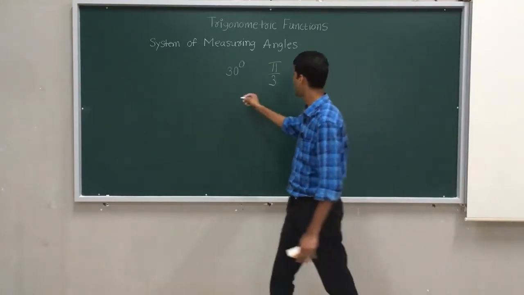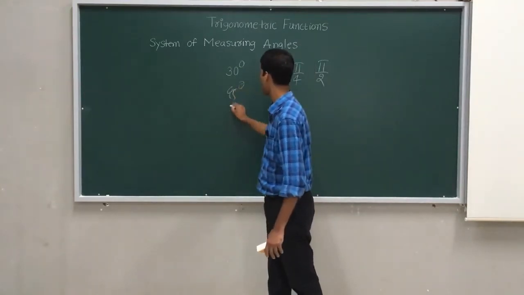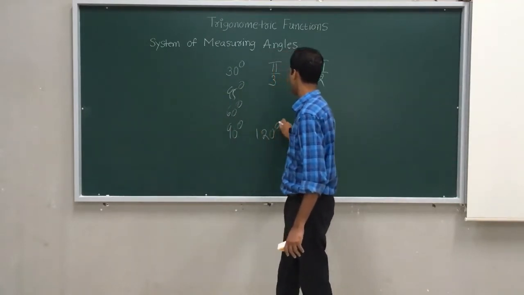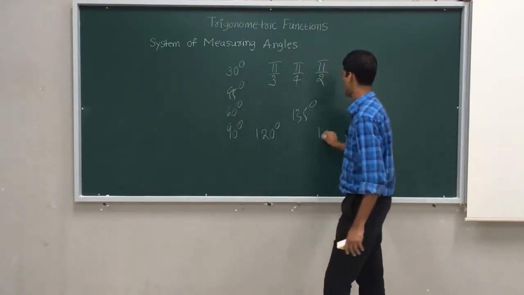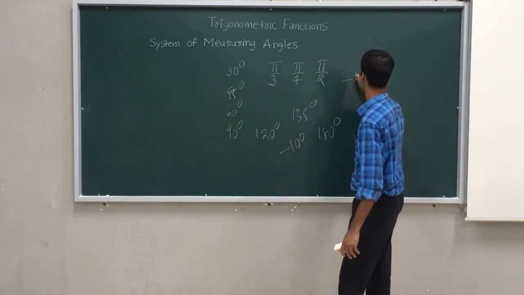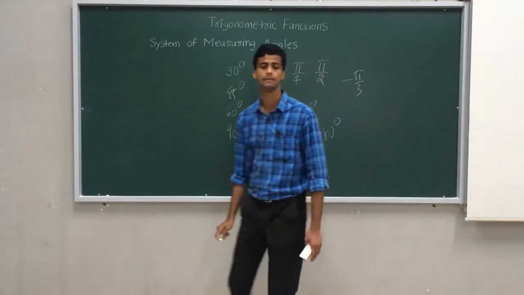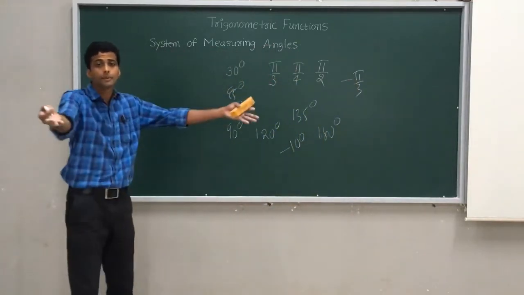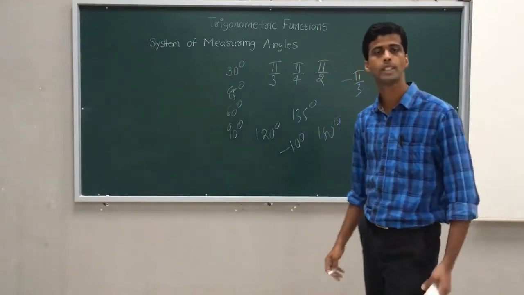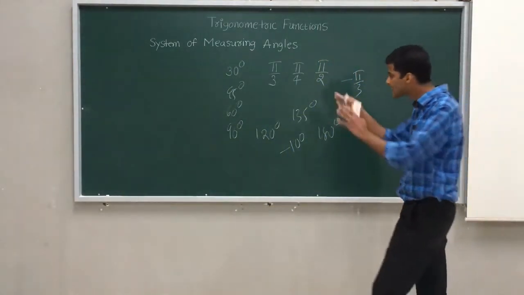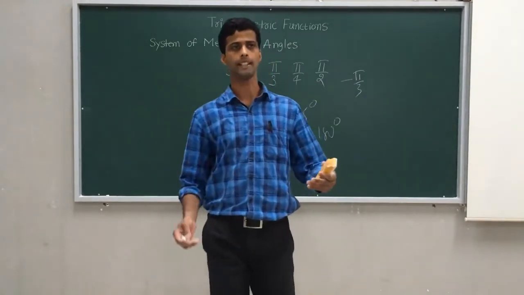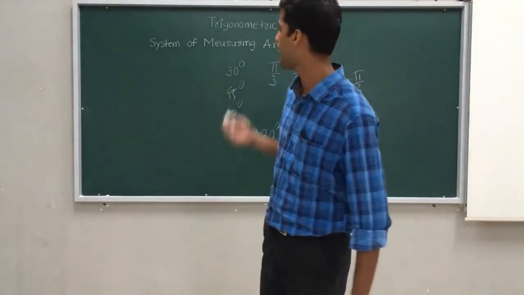We used to say 45 degree, 60 degree, 90 degree, 120 degree, 135 degree, 180 degree, minus 10 degree, minus pi by 3. What are all these things? What is the significance? Whether they are same? What is the relation between them? To study such concept in trigonometry, they developed 2 measures of angle.